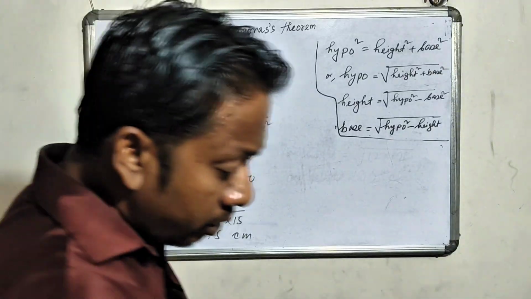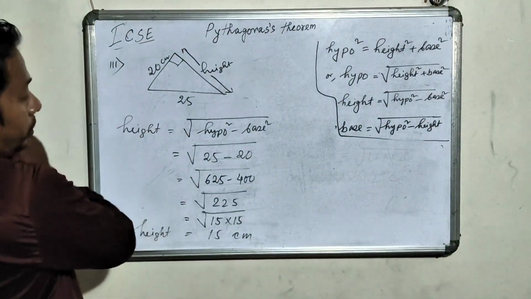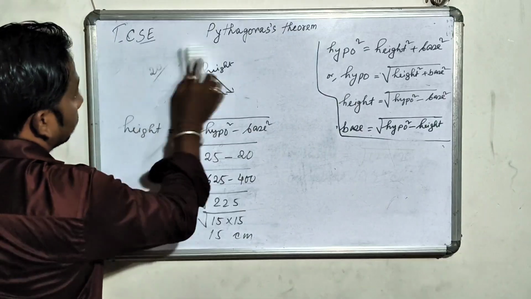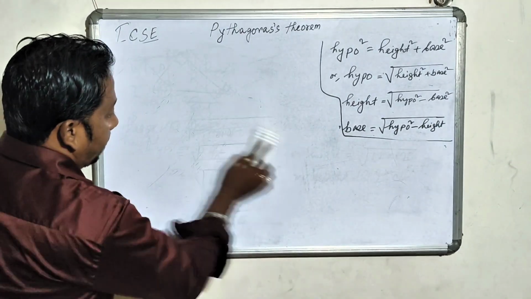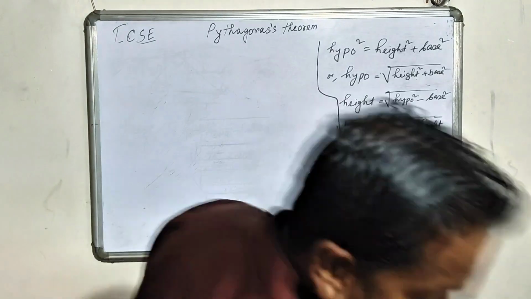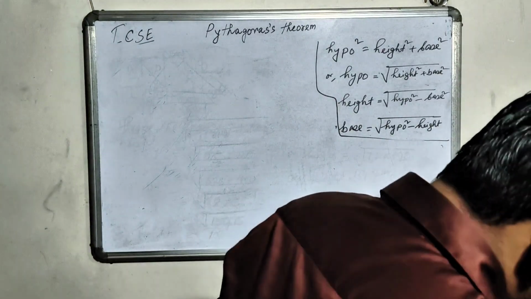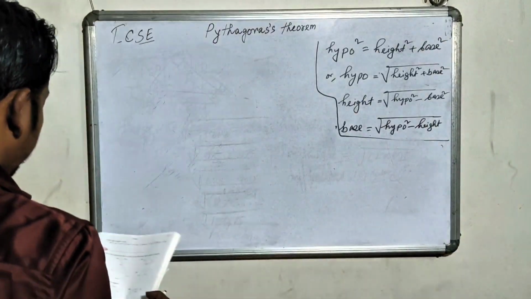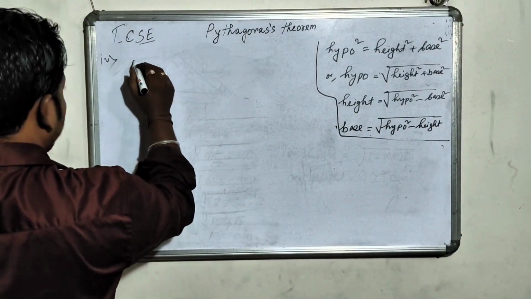Now the next math, question number 4. We erase this. Okay. The math is 4. Question number 4.